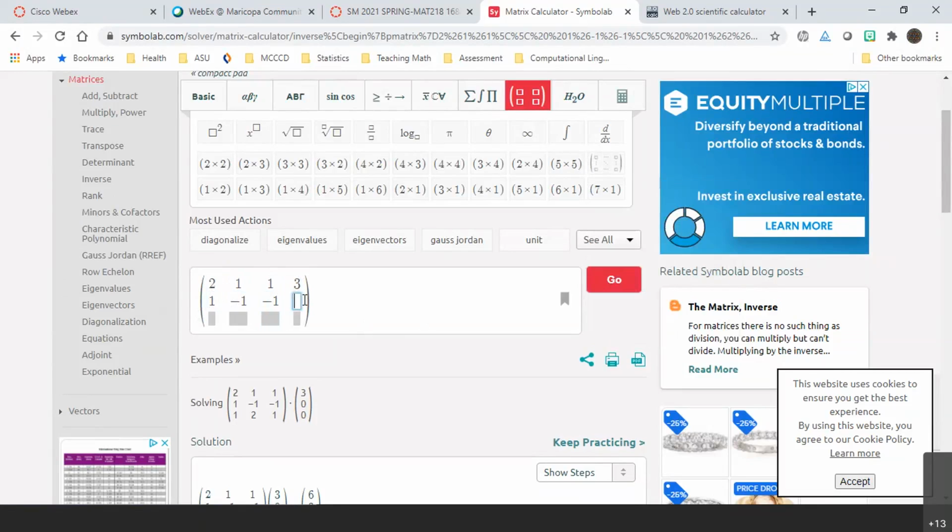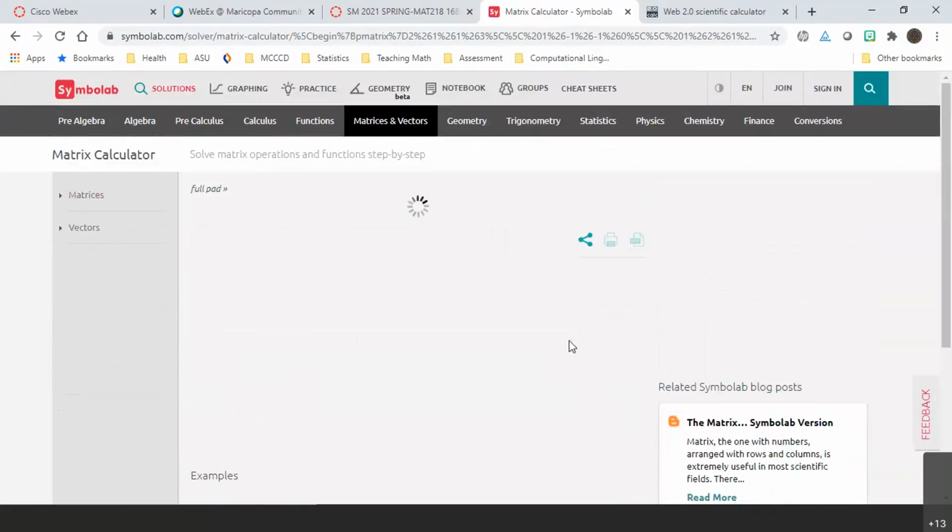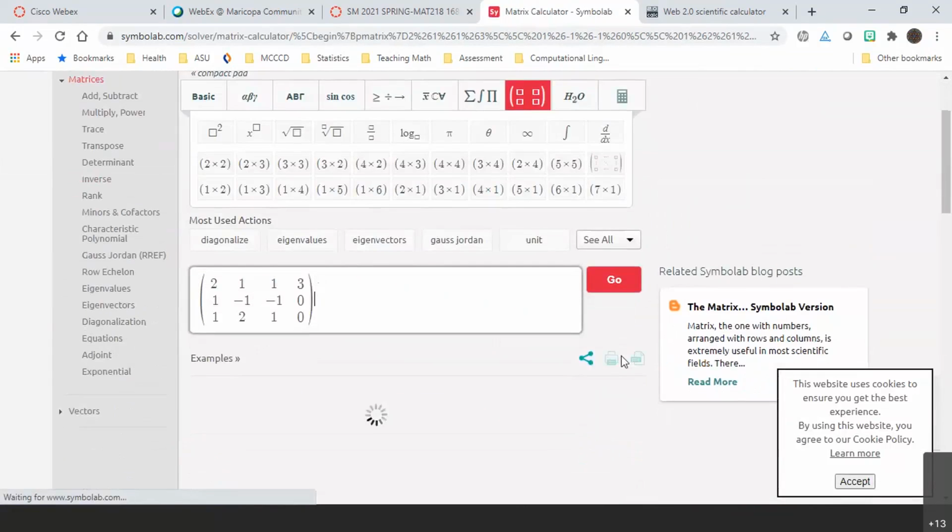And the right-hand side's a 0. And then 1, 2, 1. And the right-hand side's a 0. Okay, so this would be using RREF in Symbolab. So let's go here and see that we get some values.